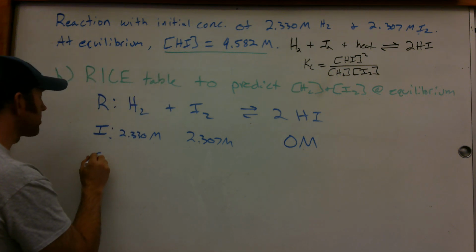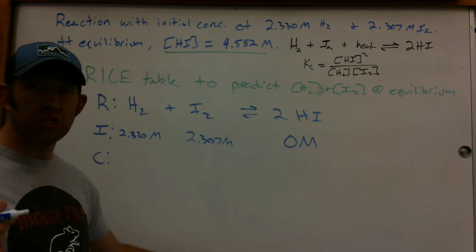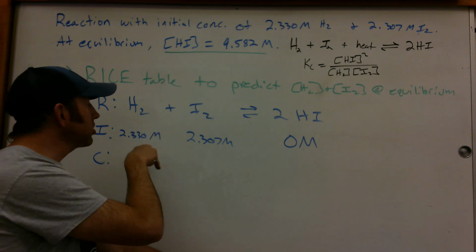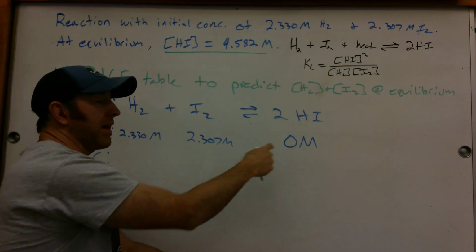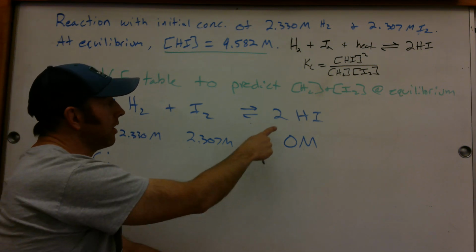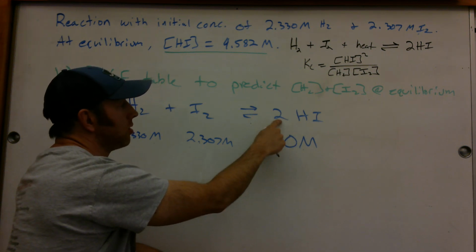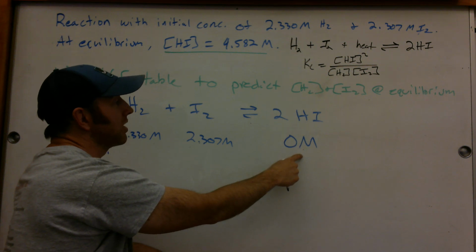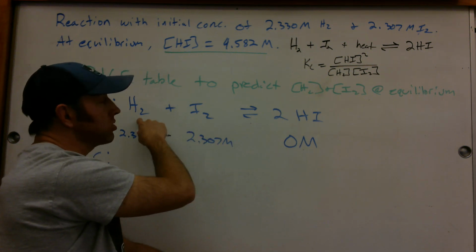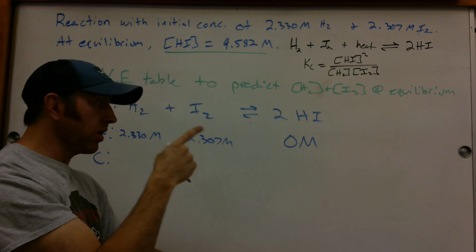All right? Now, the C in our RICE table stands for change, so there's going to be a certain change in these two numbers as that number increases, right? And, of course, we're going to remember that this number, because we have a coefficient of 2, is going to increase twice as much as those decrease by. All right?